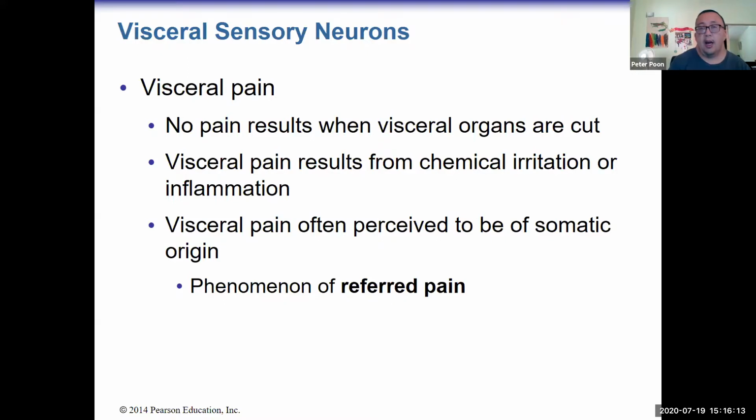The most obvious case of referred pain is when you have a heart attack. One of the most common things people report is pain shooting down the left arm. The reasoning for this is basically your body is not used to your heart hurting and sending the signal that your heart is hurting.